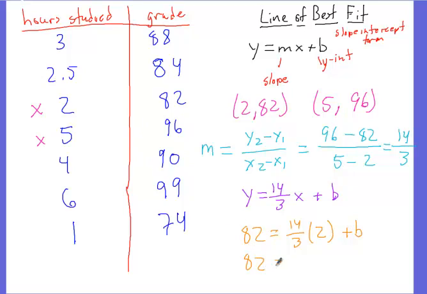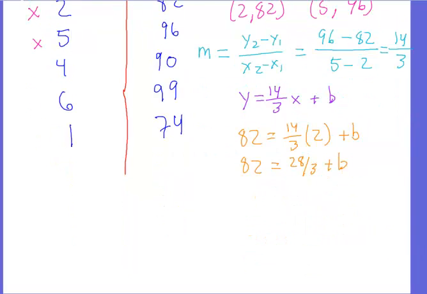So we have 82 equals 28 thirds plus b. To get b all by itself, we subtract 28 thirds from both sides. So b is equal to 82 minus 28 thirds.